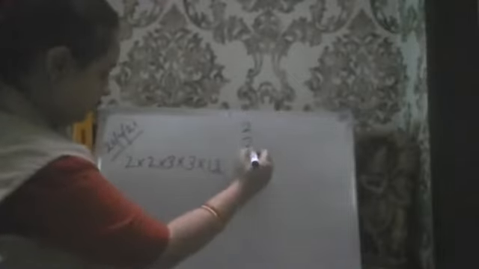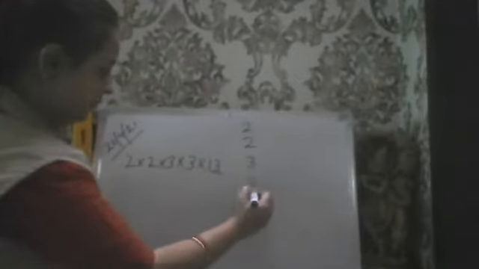I'll tell you a simple way of doing it. Fine. Just write them in this order: 2, 2, 3, 3, 13. After that, you can simply make any combinations.